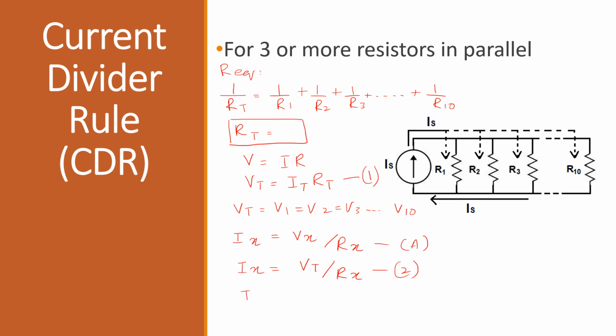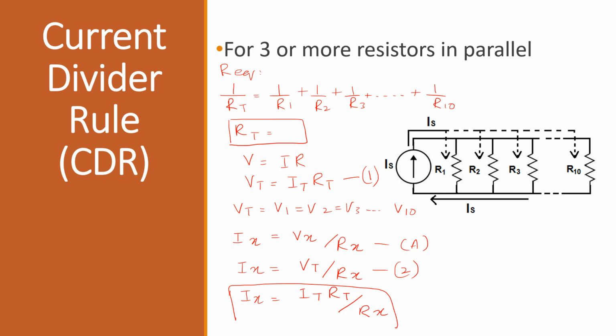Now we'll put this value of Vt from equation 1 into equation 2. So we'll get Ix is equal to IT RT divided by Rx. So this would be your CDR formula for 3 or more resistors that are connected in parallel.